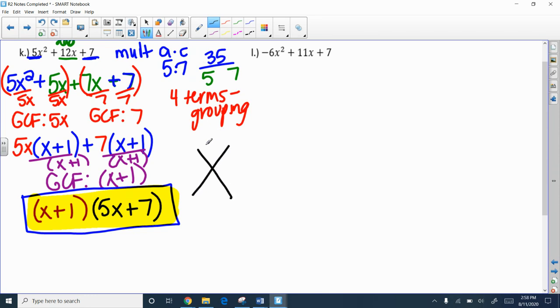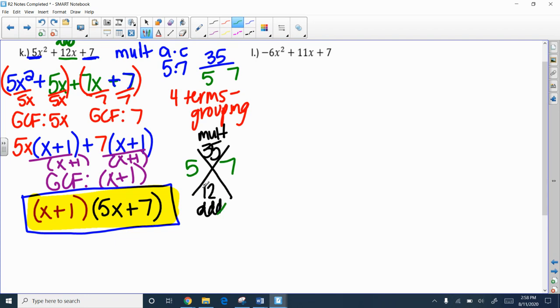We're looking for numbers that multiply to be 35 and add up to the middle term, in this case, 12x. So those numbers are the same numbers we found earlier, 5 and 7.